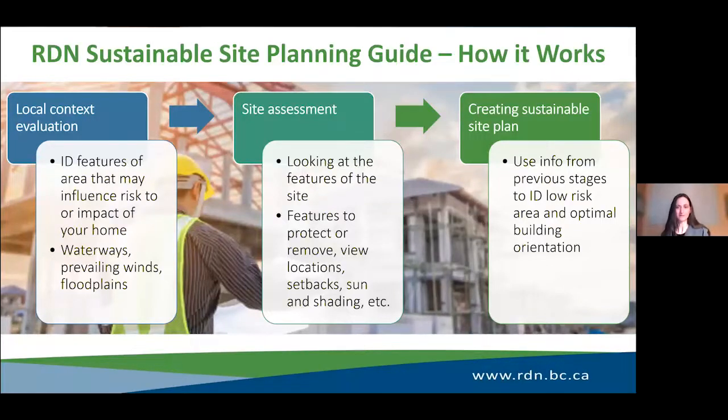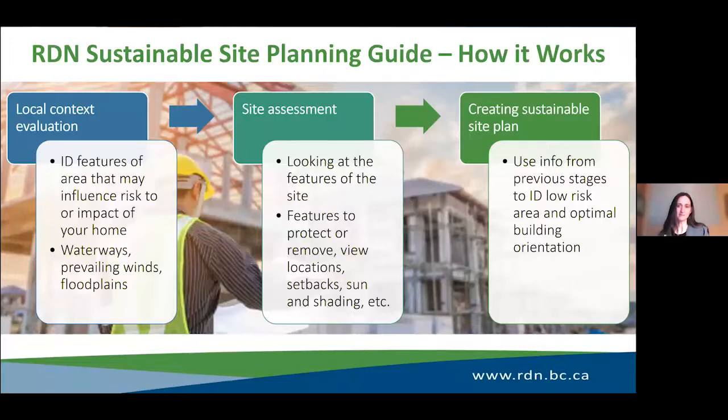Once you've got a general lay of the land around your site, you move on to a specific site assessment, looking at natural features of the site itself and identifying what features you might want to protect or remove, what view locations might be there, what setbacks to consider, the path of the sun, shading options, et cetera.